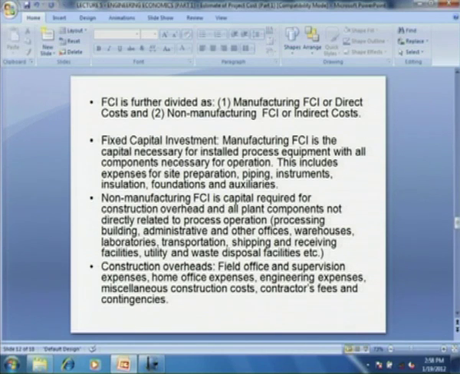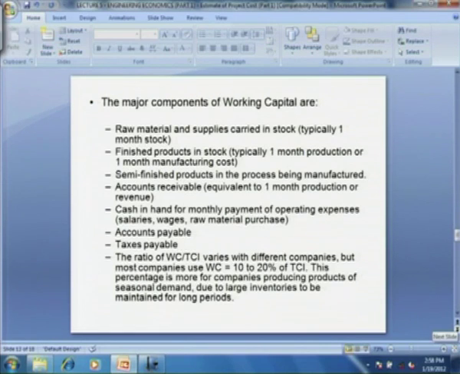The construction overheads are the field and office supervision expenses, the home office expenses, engineering expenses, miscellaneous construction cost, contractor fees and contingency.